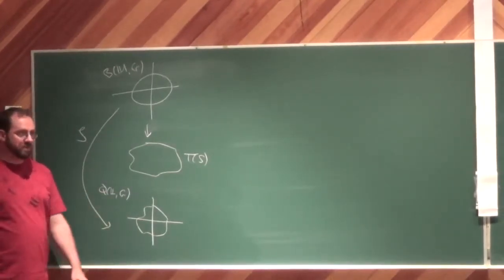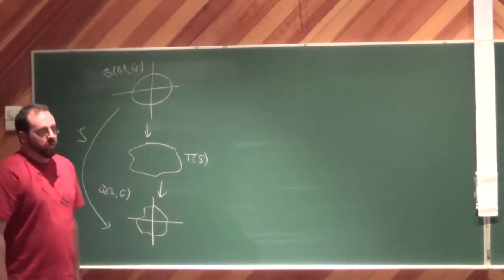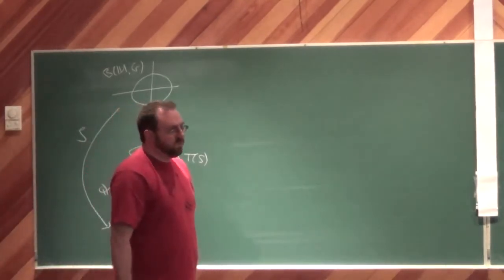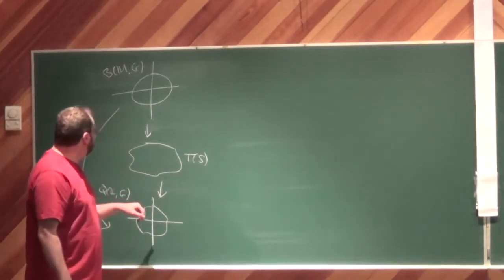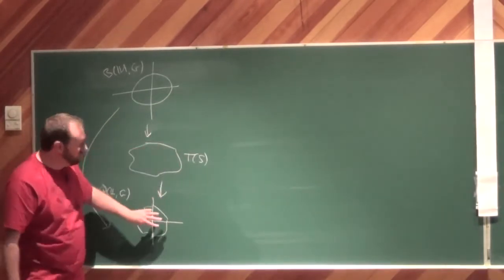And then this induces the Bers embedding. You said that's 1-to-1? That's 1-to-1 on Teichmüller space. So the induced map you get here is 1-to-1 onto its image.